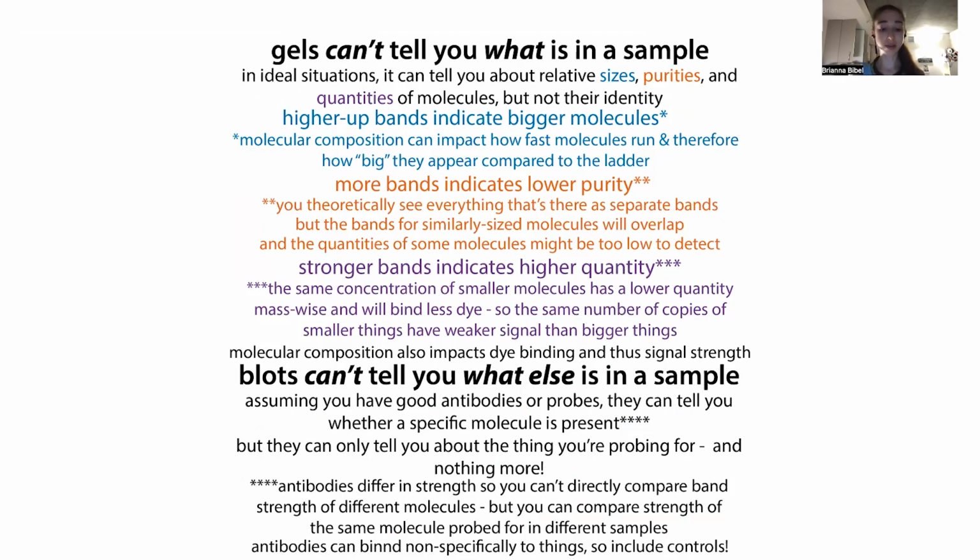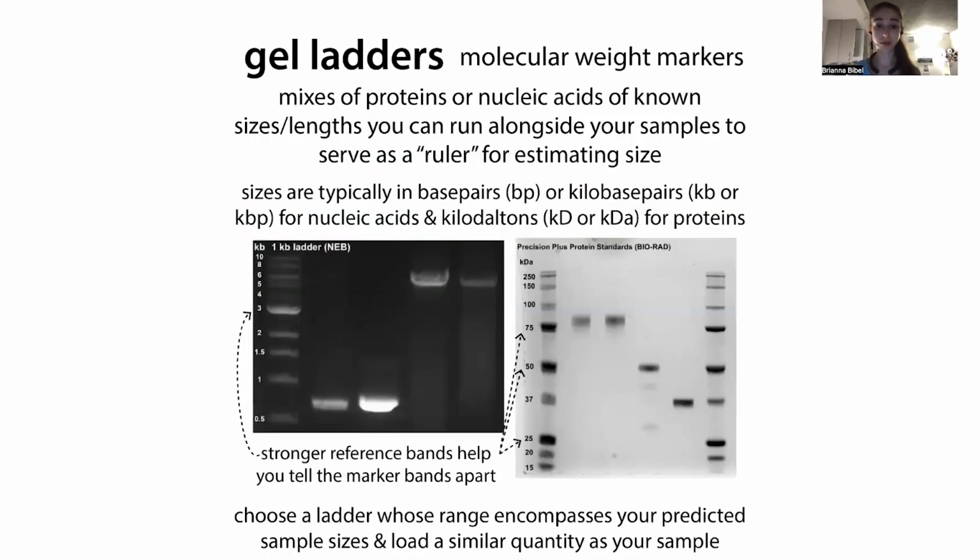In general, though, one of the things that we can learn from a gel is the size. One way you can tell if that band is likely what you're looking for is where it's located size-wise compared to a ladder. Gels are really useful because they can tell you about the relative sizes, or rough estimates of the sizes, of various molecules in a mixture or a single molecule in a solution.